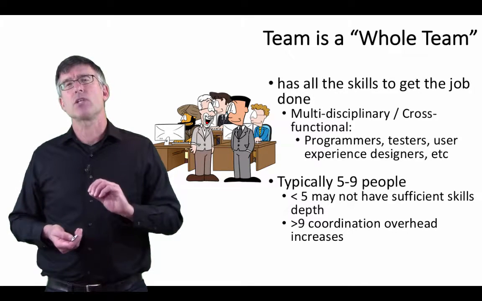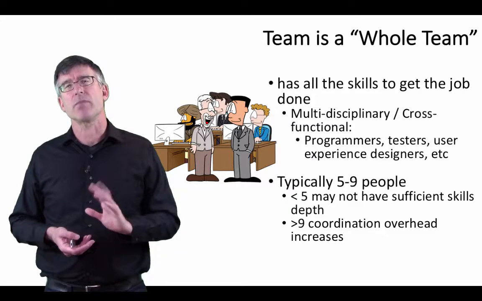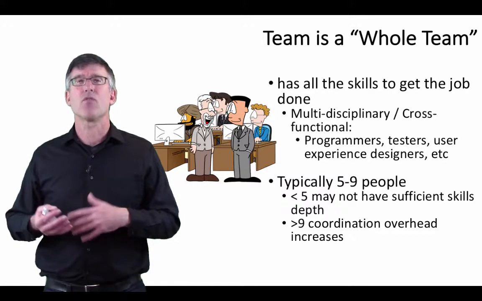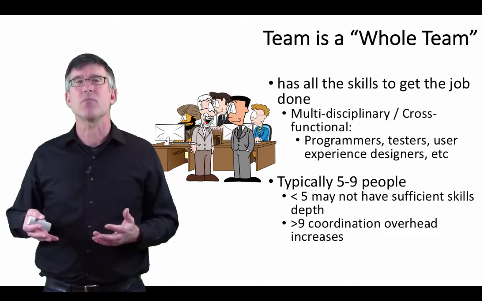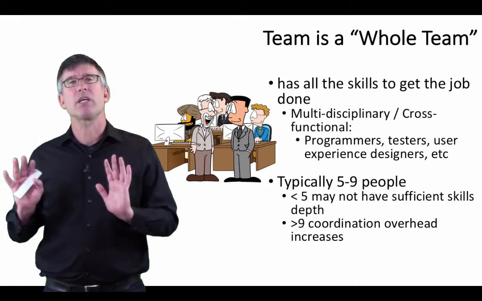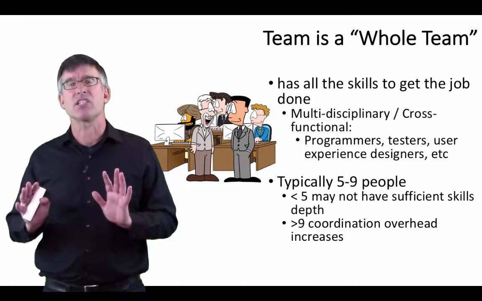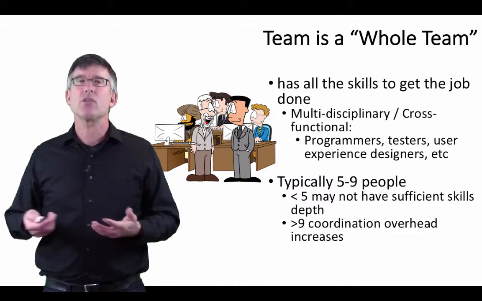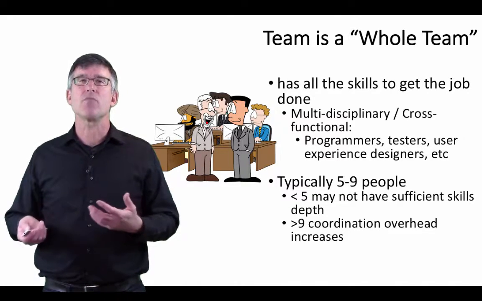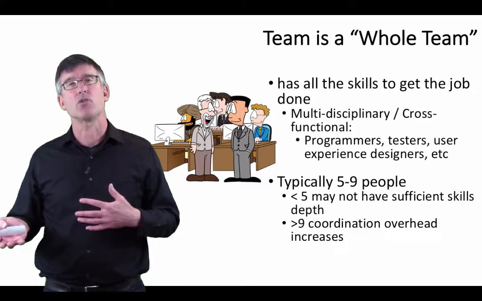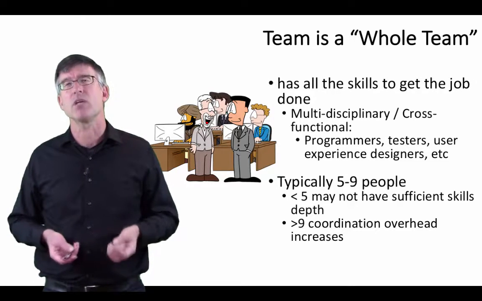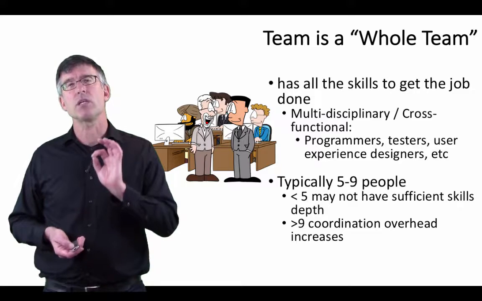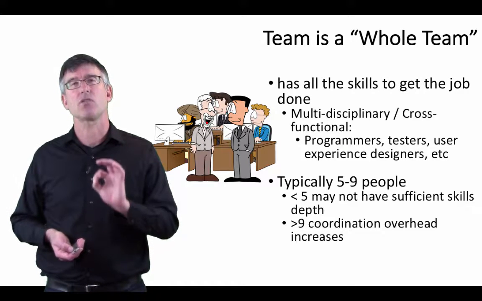Also, something to consider, just the social dynamics of a team. Once a team gets roughly over 11, 12 or so people, it's going to split on its own. It's going to implicitly split. There's going to be factions developing. So there's a reason that we say a Scrum team is 7 plus or minus 2 people, or 5 to 9 people, because that seems to be, in general, the optimal size for a team.